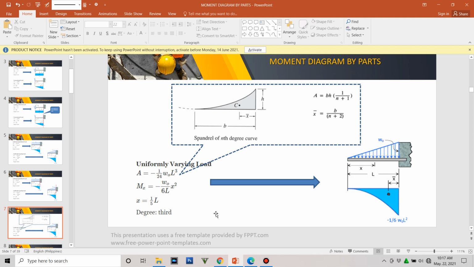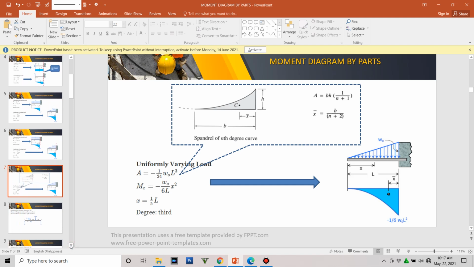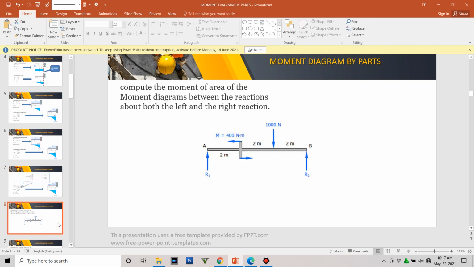Okay? Now, knowing all those concepts, ano, we can now deal with establishing the moment of area as well as the moment diagram by parts. So, let us consider this first problem. This has simple supports R1 and R2 with a concentrated load 1000 and a couple. Itong 400 would be translated into a counterclockwise moment.